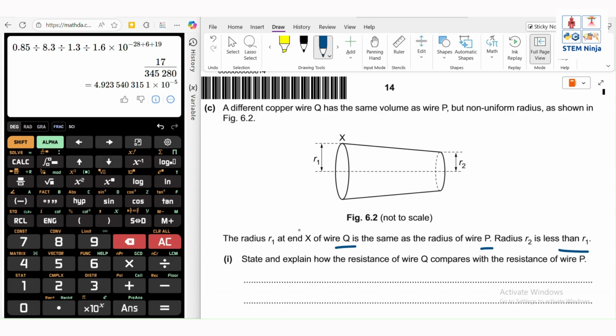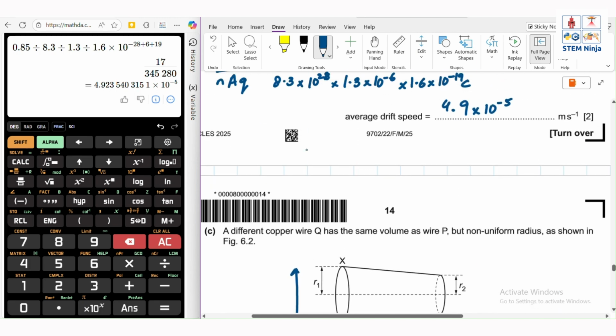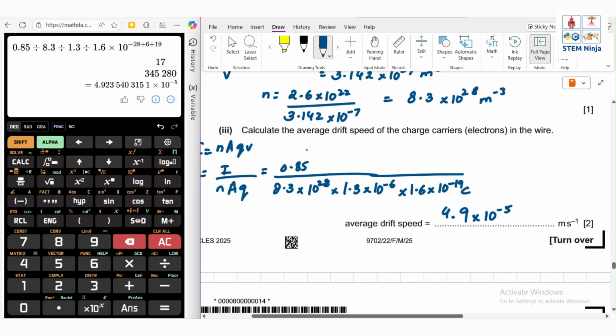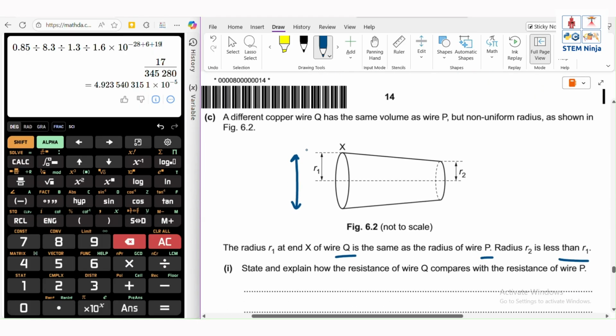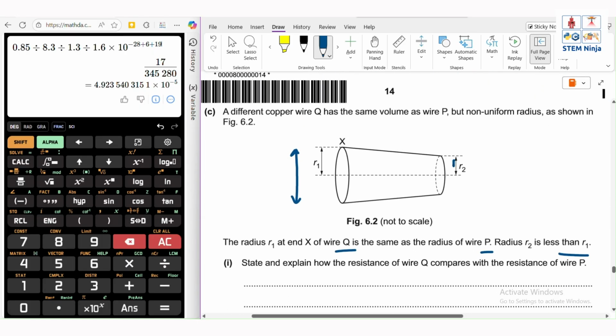Now, how do we diagnose this? So this diameter or this cross-sectional area is the same as the one of previous wire P, but this one is obviously lesser. So cross-sectional area has reduced. So what does that mean?